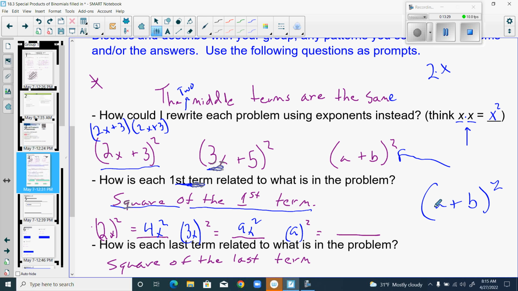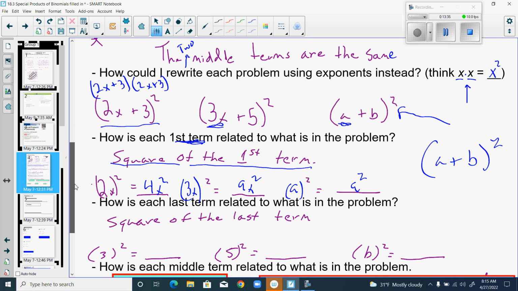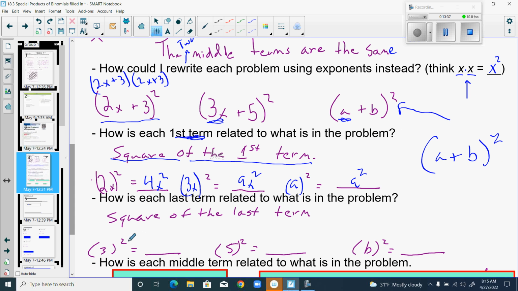Okay, how is the last term related to what is in the problem? Well, the last term in my answer is the square of the last term in the problem. So let's look at the original problem up here. I have 2x plus 3 being squared, and my last term in my answer was 3 squared, which was 9.